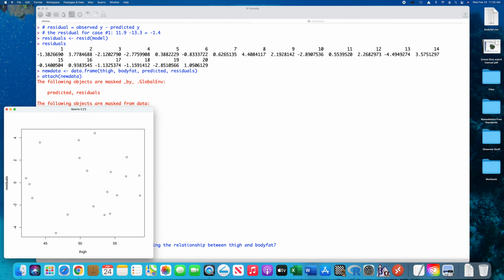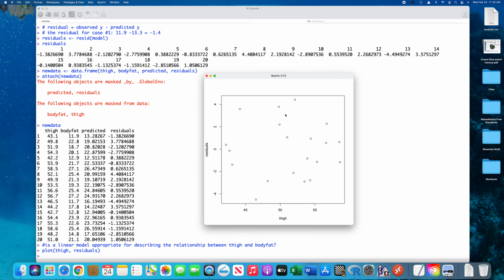All right. Now, the trick here is determining what this actually tells us. If we have what I call a shotgun blast, where there's no discernible pattern, this indicates that the errors are equally distributed, and that a linear model is appropriate.